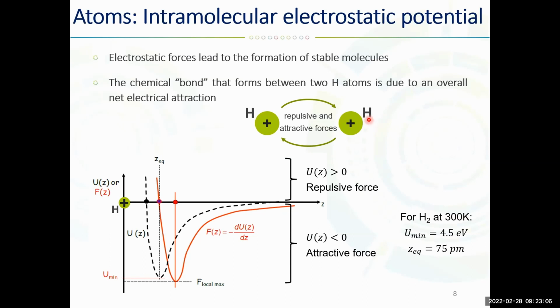So these charges will repel, and they will introduce a repulsive interaction as the two atoms are pushed closer to one another. To counteract all these repulsive interactions, there should be an attractive interaction between the electron in the atom on the left and the nucleus of the atom on the right. That will be an attractive interaction, and there will be the same thing from the right atom's electron and the left nucleus.